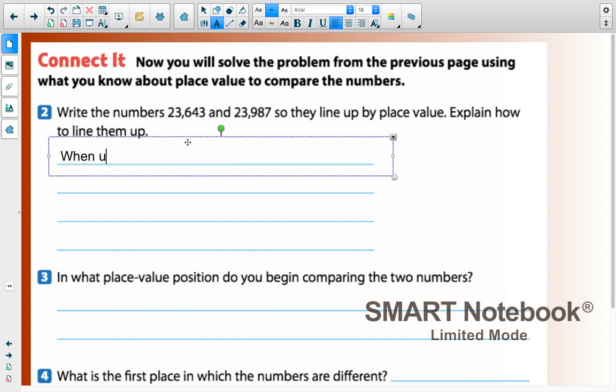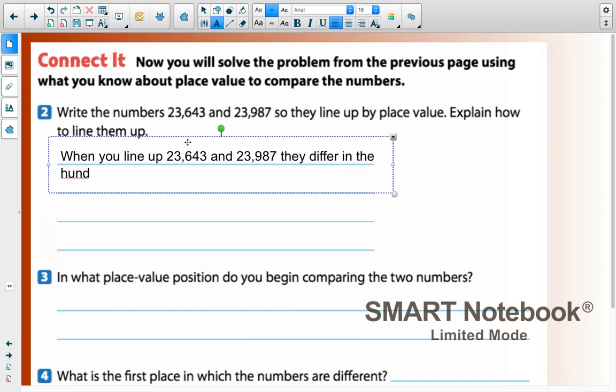When you line up 23,643 and 23,987, they differ in the hundreds place.